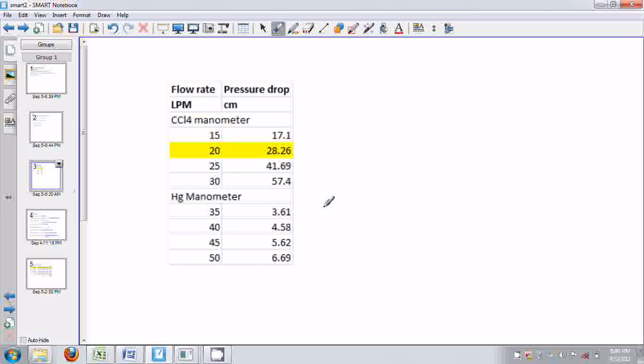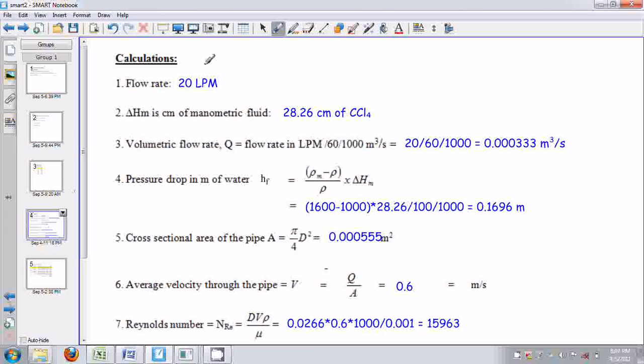Let us see sample calculations for flow rate 20 LPM. The corresponding pressure drop is 28.26 centimeters of CCl4. Volumetric flow rate in meter cube per second, let us follow SI units.